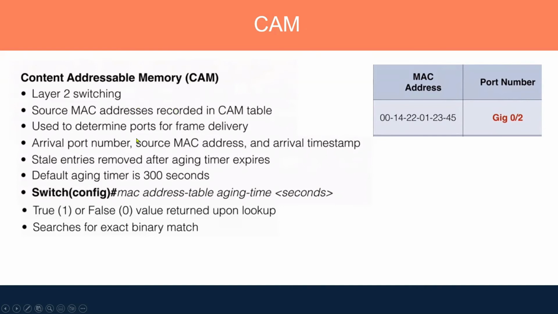This is used to determine the ports for frame delivery. That means if a frame is coming to the switch, where that frame should be delivered, for that it would be using the MAC address. Basically, our resolution is happening against a particular destination. I can say it this way. Let's say this is my switch, and to this switch two devices are connected, this device and this device.